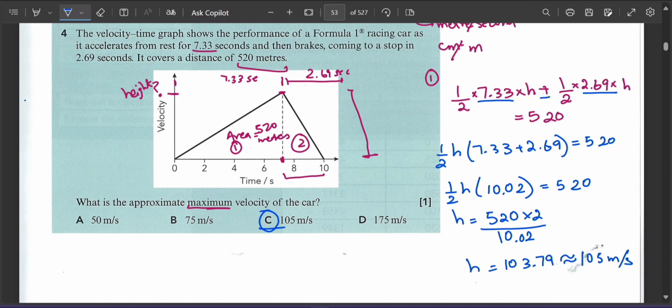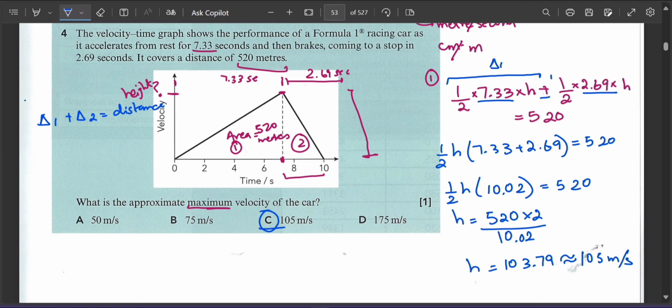So triangle 1 plus triangle 2 is equal to total distance. That is the formula we applied over here. This one is for triangle 1, and this one is for triangle 2.